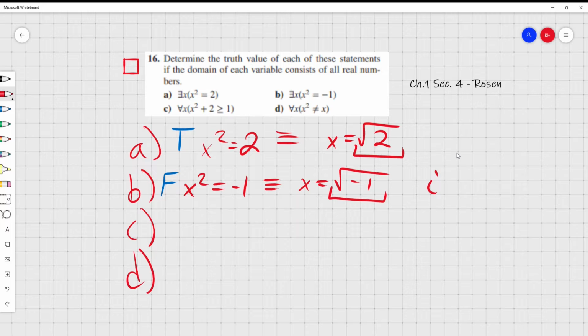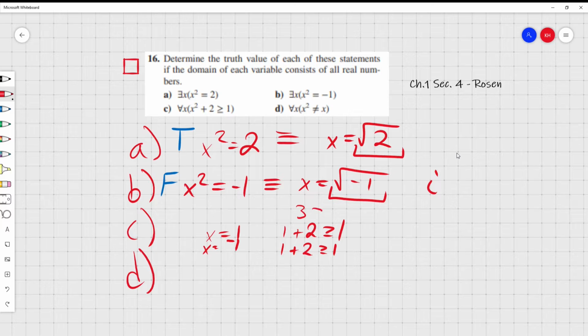For C, we have for all x, it satisfies that x squared plus 2 is greater than or equal to 1. Alright, so we can come up with an example where this is obviously true. You plug in x equals 1, we get 1 plus 2 is greater than or equal to 1, right? You plug in x equals -1, you get 1 plus 2 is greater than or equal to 1, right?